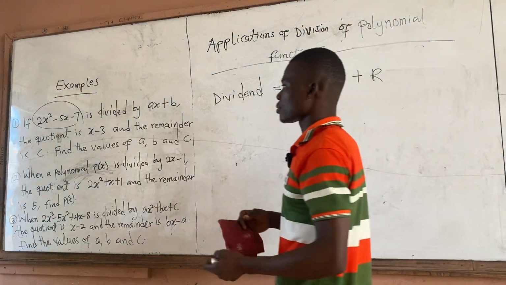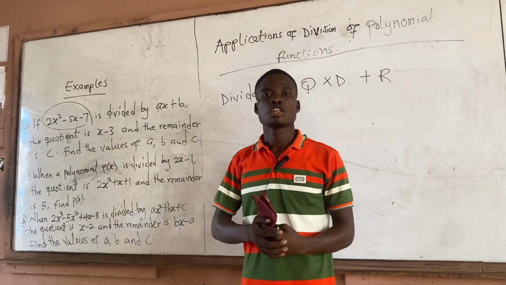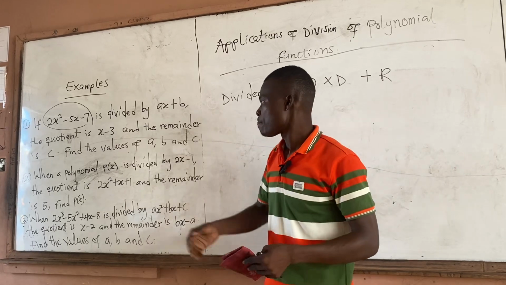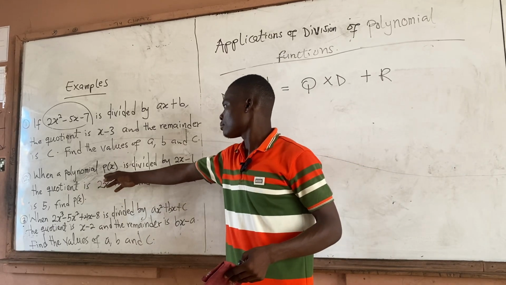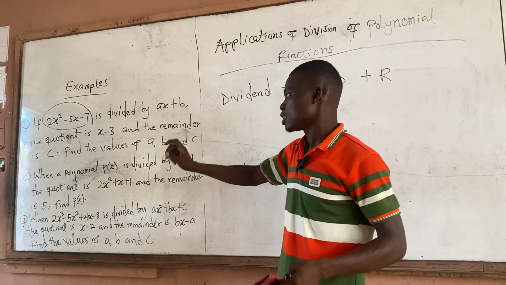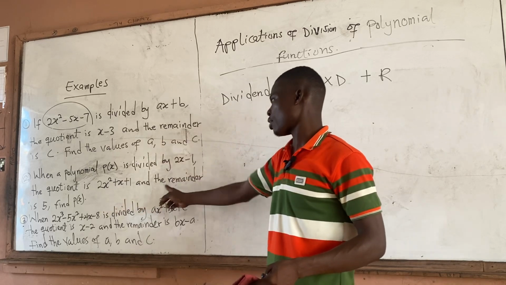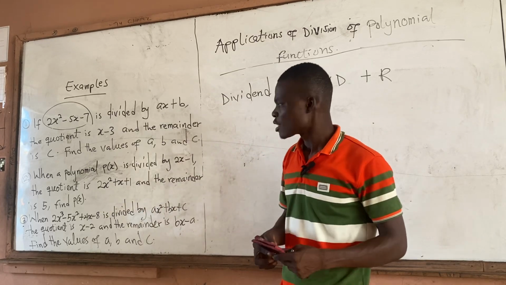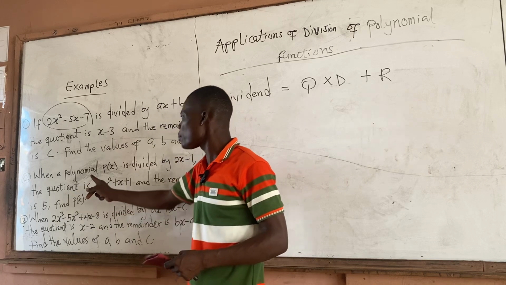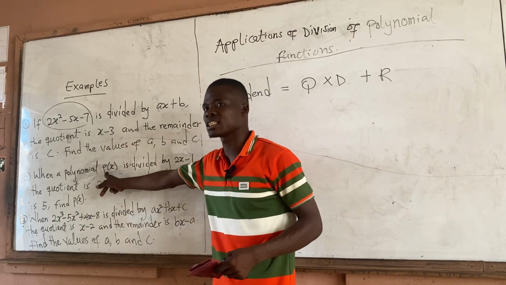So now, let's read the second problem. When a polynomial p of x is divided by 2x minus 1, the quotient is 2x squared plus x plus 1, and the remainder is 5. Find p of x. So the question is, when a polynomial p of x is divided by, meaning the p of x is the dividend.